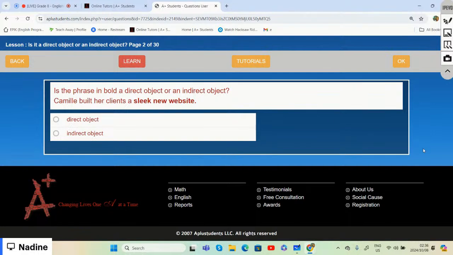So sleek new website, is it option one, a direct object, or option two, an indirect object?